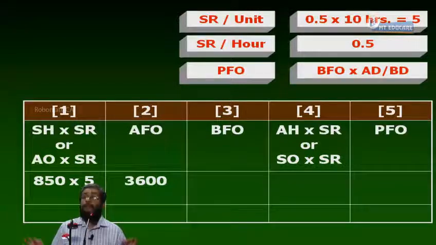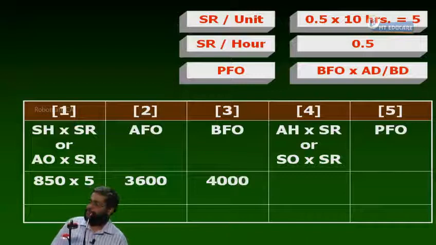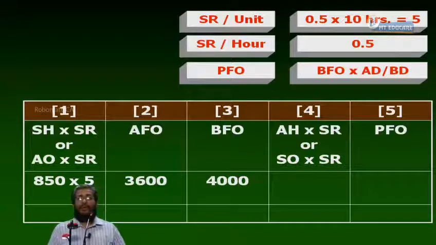Listen here. BO given, BH given. Look at the question. Look at the budget here. What are the budget hours? 8,000 hours. 8,000 hours into what? 0.5. Okay. Fourth column, AH given, SO given.